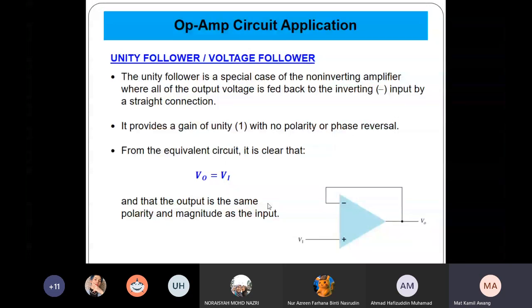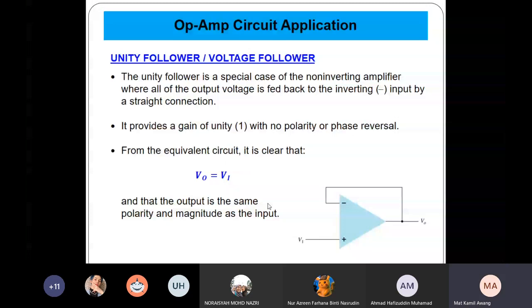There is no resistance. It provides a gain of unity with no polarity or phase reversal. For the equivalent circuit, it is clear that V out is equal to V1, and that the output is the same polarity and magnitude as the input.